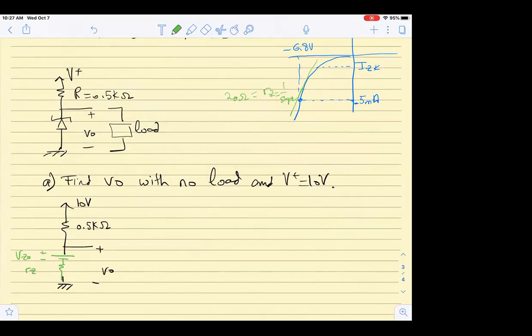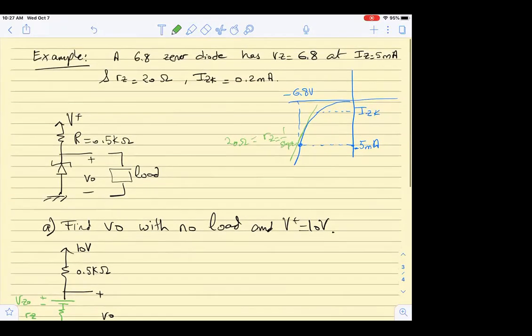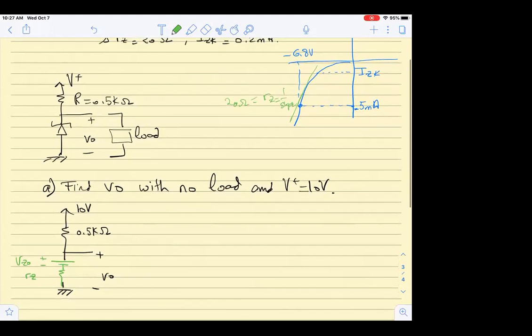VZ0, do I know what it is? Was it given to me? VZ0 is not in the given. How can I find VZ0? What's the equation of the line? KVL will not tell me.